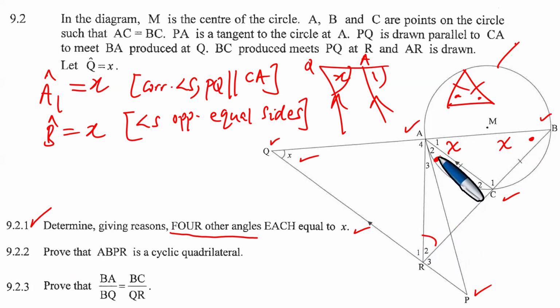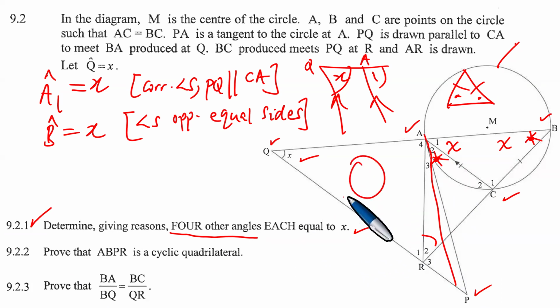There's an angle that I marked here, because this one is a tangent. If you look at the tangent result from grade 11, the angle between a tangent to a circle and a chord equals the angle in the alternate segment.